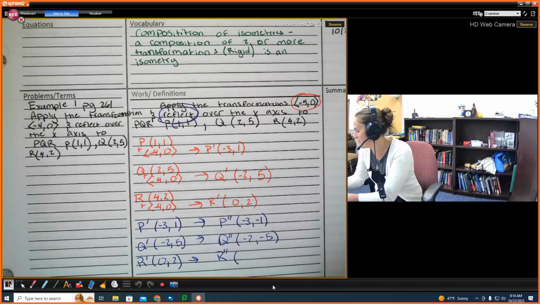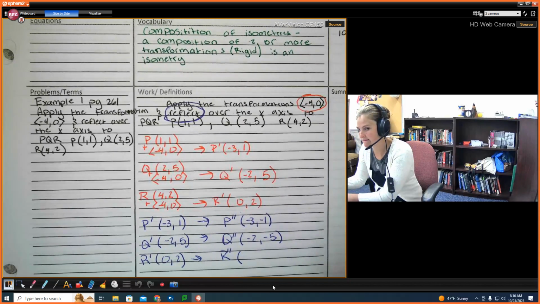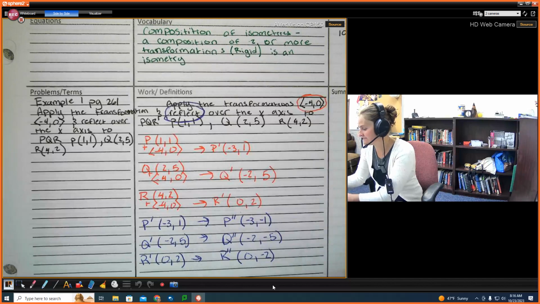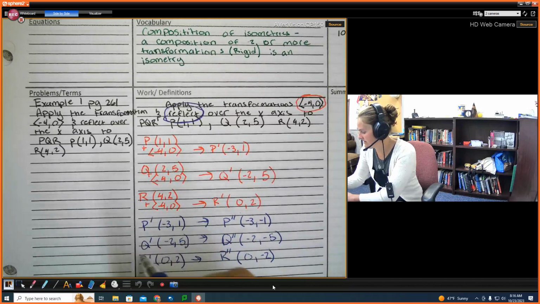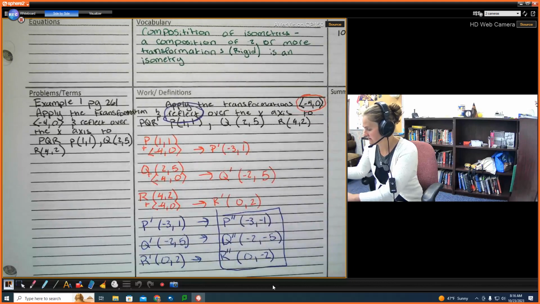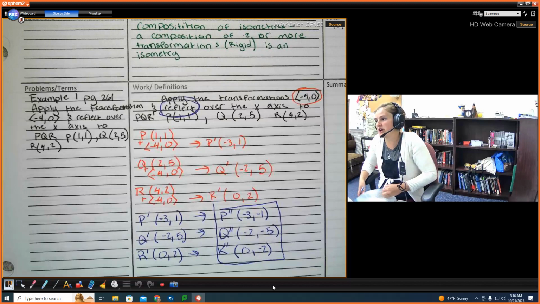What's R double prime? 0, -2, perfect. Awesome. Okay, so this is our answer right here. So composition of transformations is the same thing we've been doing, you just have to do it multiple times.